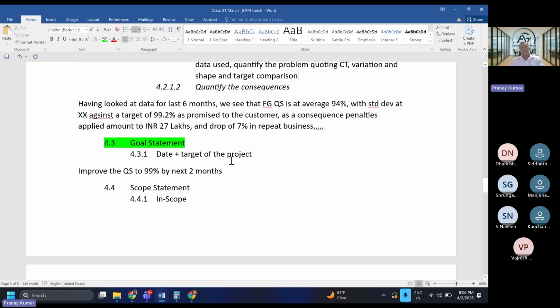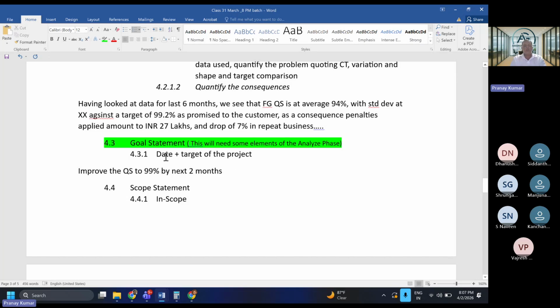Third element, goal statement. It is early as of now. This will need some elements of the analyze phase, so I'm not getting deeper into this right now. Once you have understood the analyze phase and a little about hypothesis tests, a concept called confidence interval will play a major role here.